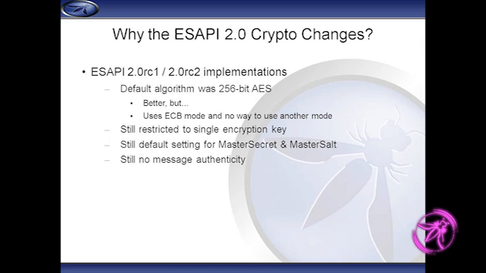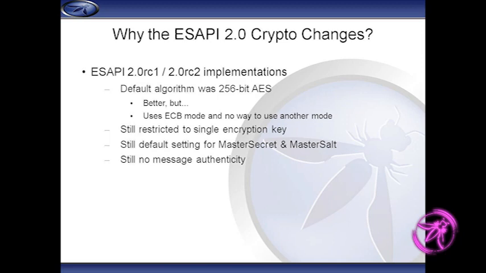The other thing is that this switched to using ECB mode. They just used AES by default, which uses ECB mode and PKCS 5 padding. And there was no way to switch it to use other modes because every other mode requires an initialization vector. It was still restricted to a single key.